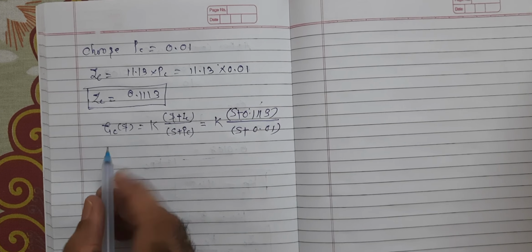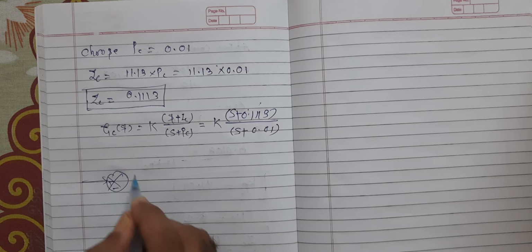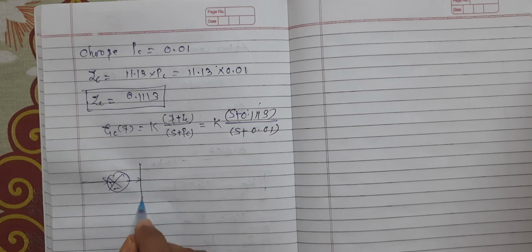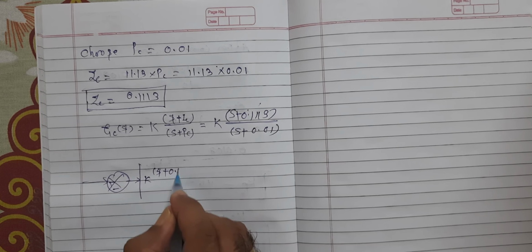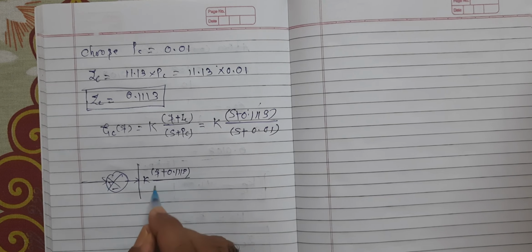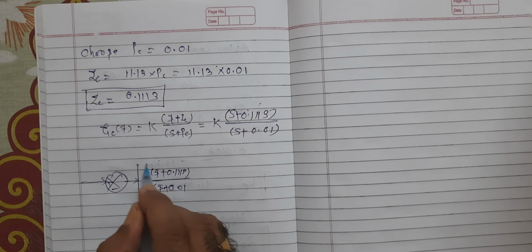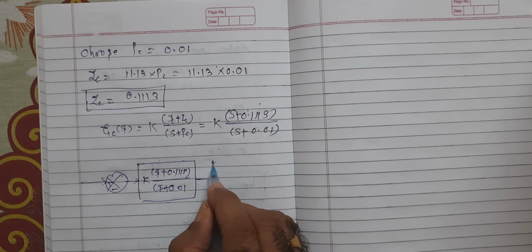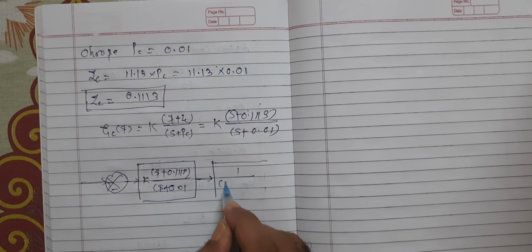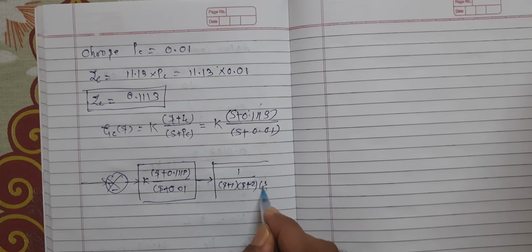Our compensated system is like this: plus minus, K multiplied by (S plus 0.1113) divided by (S plus 0.01), and then 1 divided by S plus 1, S plus 2, and S plus 10.